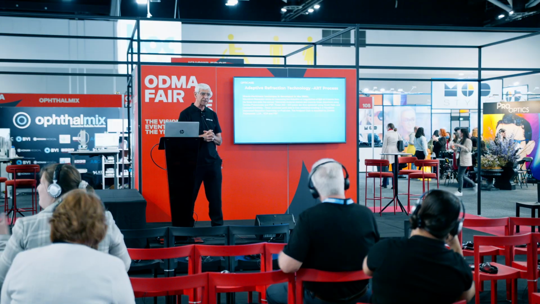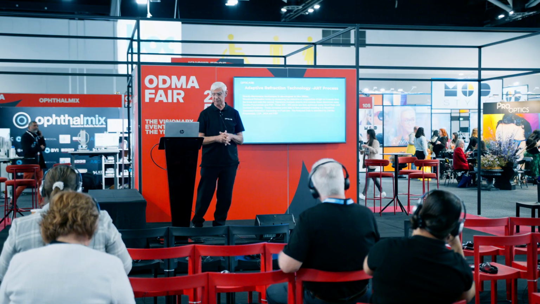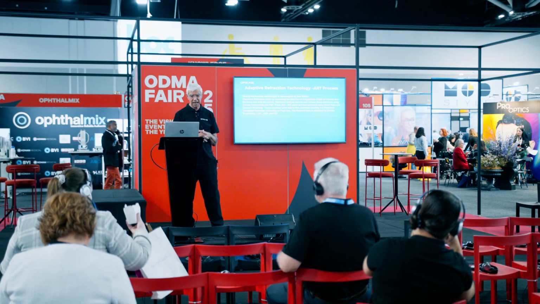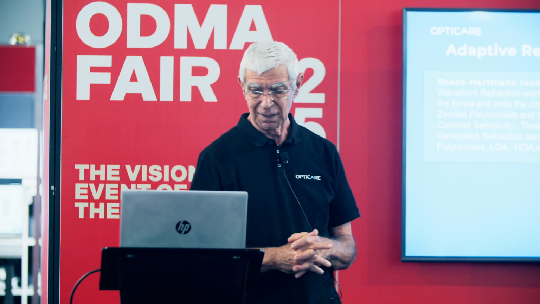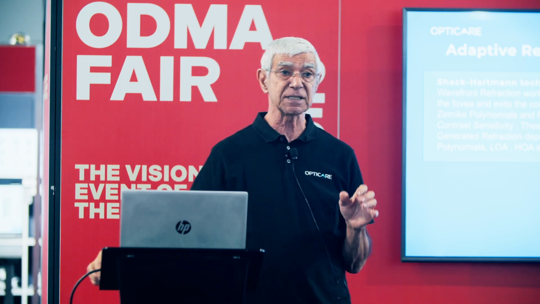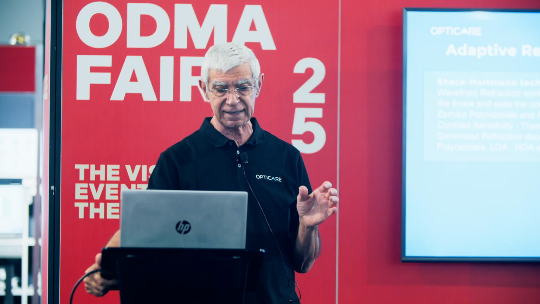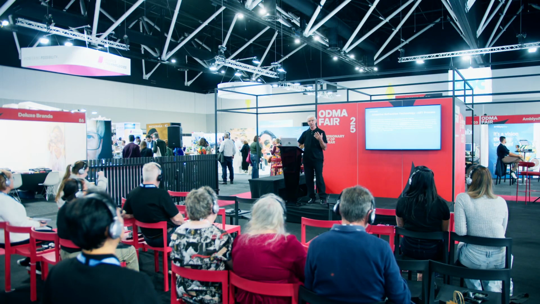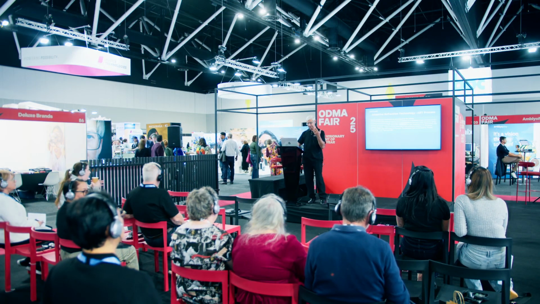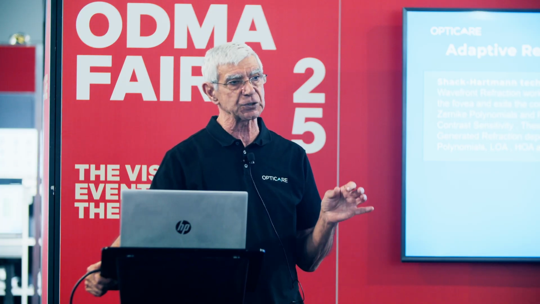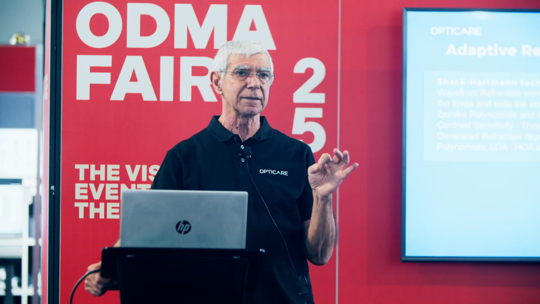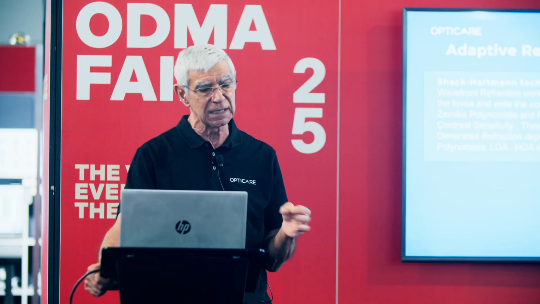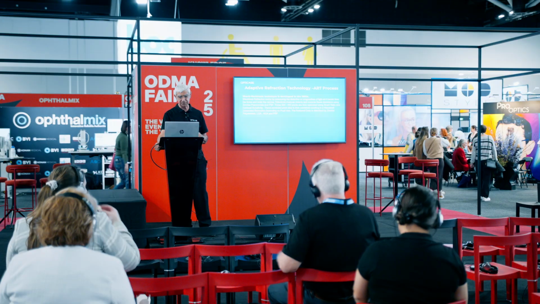So the process we use for this is basically a Hartmann-Shack technique which has been developed over 30 years ago. It basically measures the distortion of light as it travels through the eye and comes out through the cornea. And it actually measures the deviation in each cell in about 300 to 400 different points, depending on the pupil size.